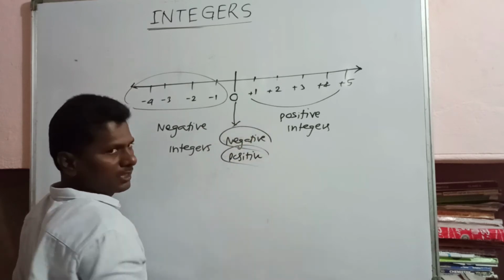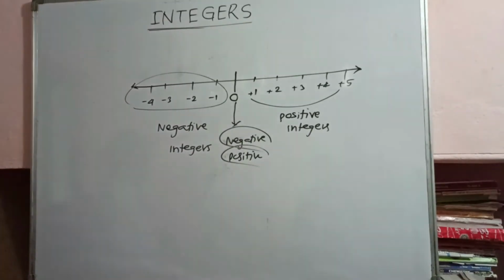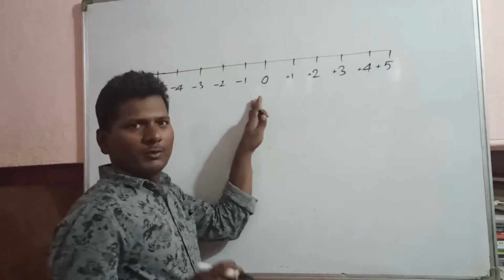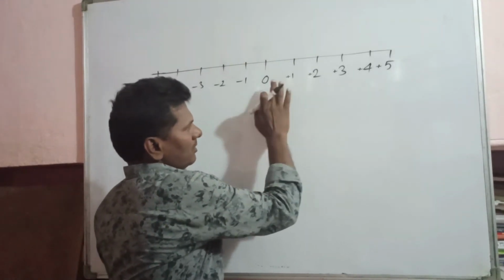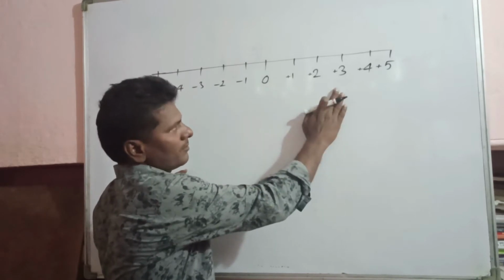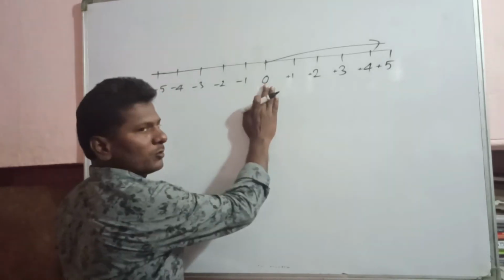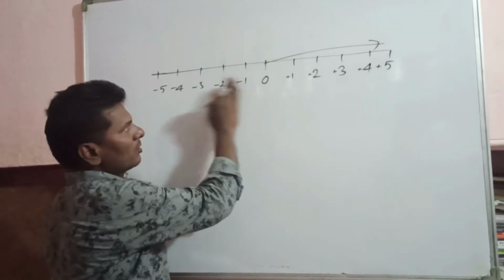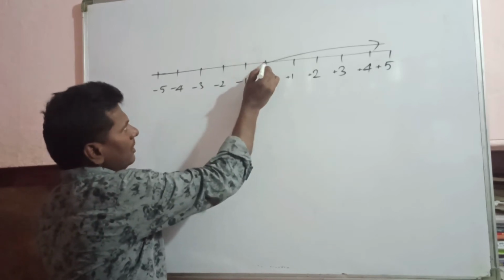Neither negative integer nor positive integer. If we move to the right side of 0, the value of the integer increases. If we move to the left side of 0, the value of the integer decreases.